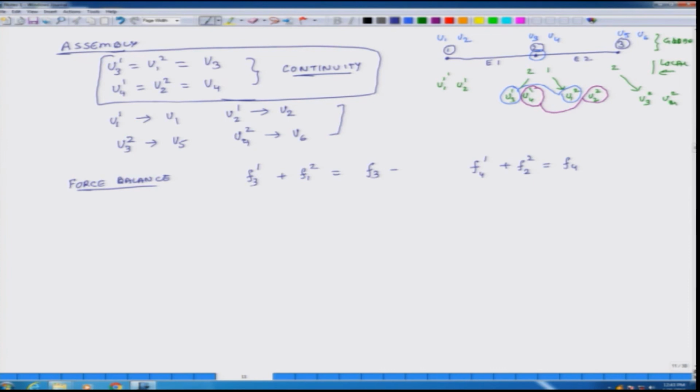And then when I look at Q's, Q3 of element 1 plus Q1 of element 2 equals Q3 and Q4 of element 1 plus Q2 of element 2 equals Q4. So, these are the equations for making sure that we account for forces correctly.